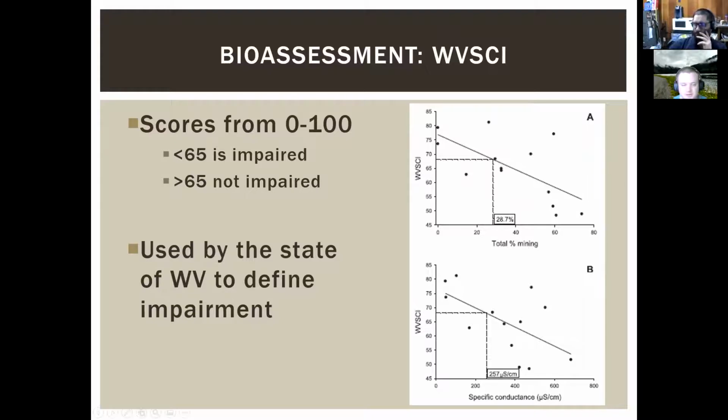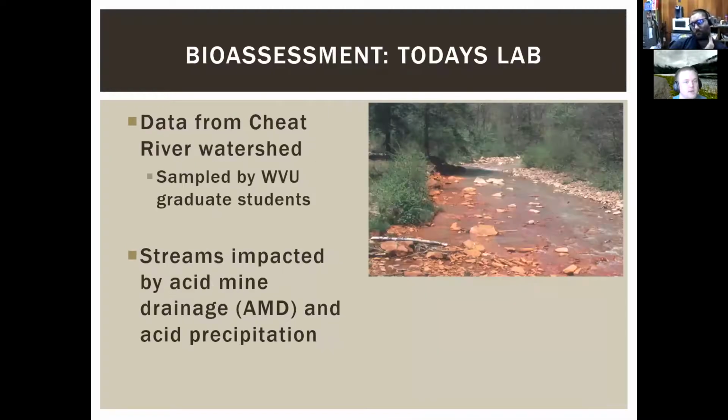So that's just kind of a general overview of the Stream Condition Index. So we'll be using data from the Cheat River watershed. It was collected by West Virginia University graduate students. And these streams are impacted by acid mine drainage.